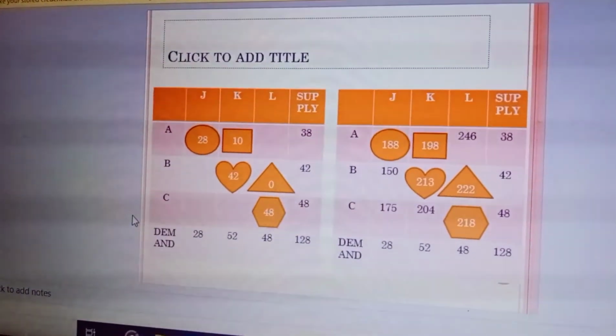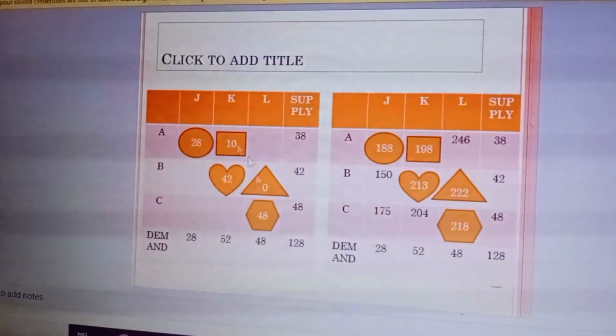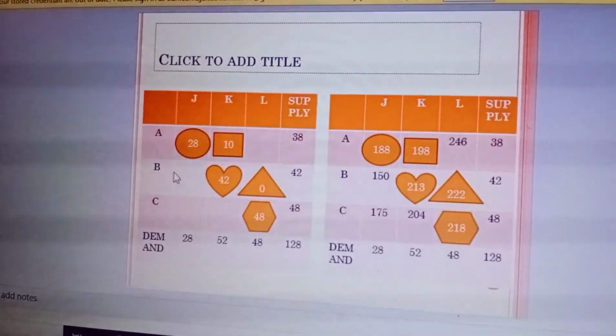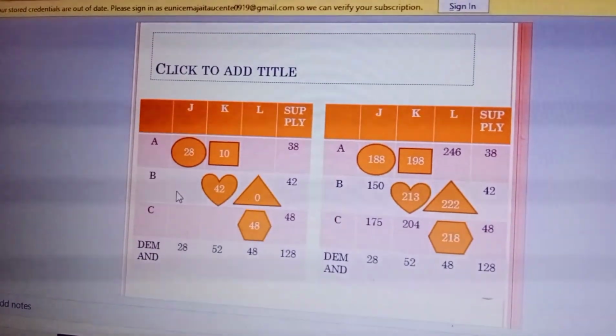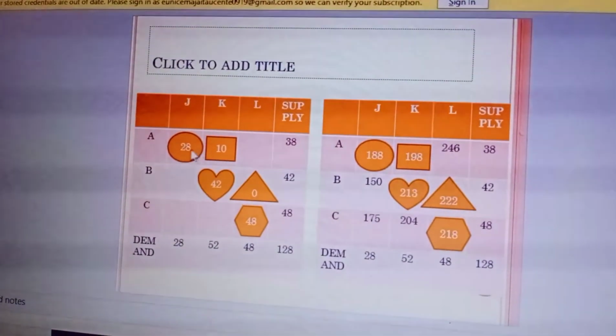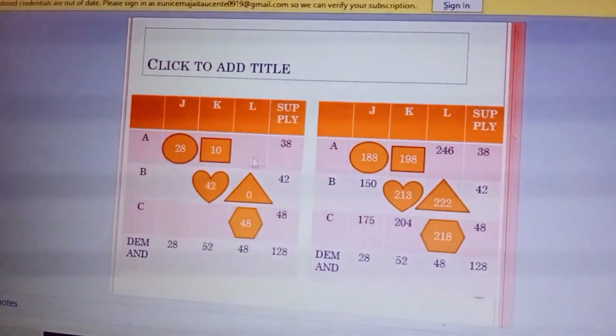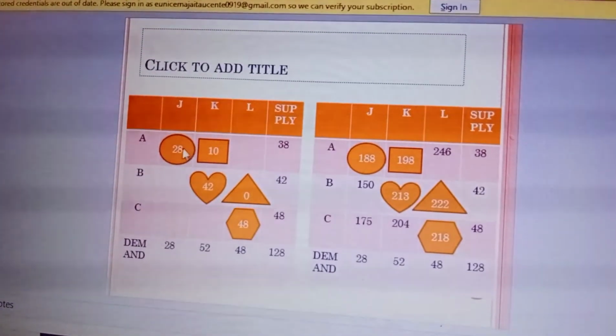So I use a pair shape technique so that we can easily identify and multiply each number. Like for example 28, the other side is 188.